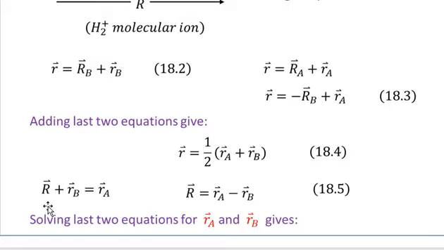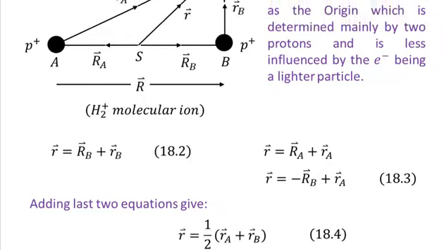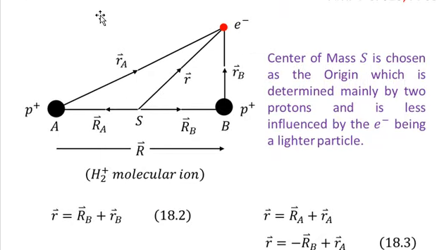So capital R plus small rb is equal to small ra. That is, from this geometry you can very easily see that capital R, which starts from A and ends at B, plus small rb is equal to small ra.